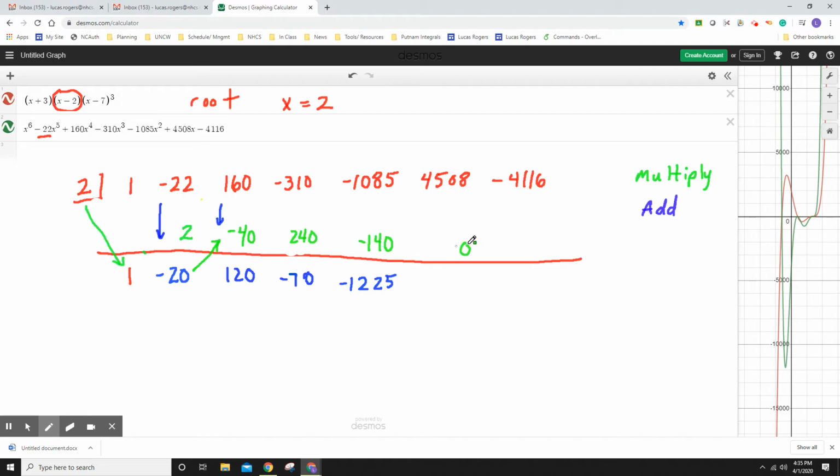So that's going to be 2,450. And it's going to be negative because this was negative. Again, add straight down. And an 8, 5, 9. Whoops, that's negative.